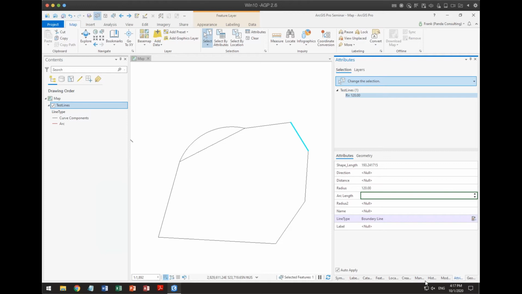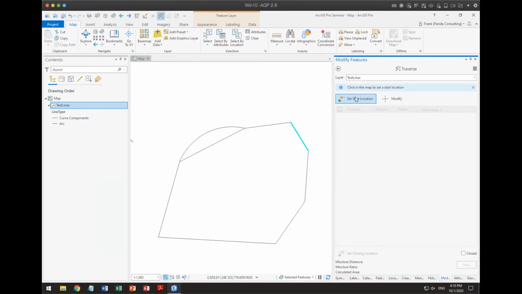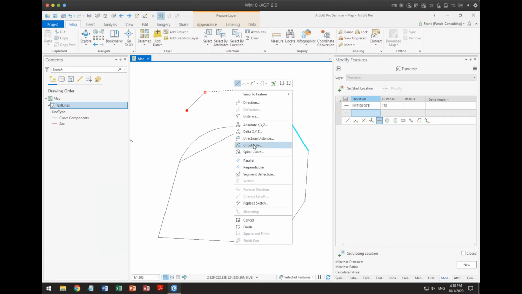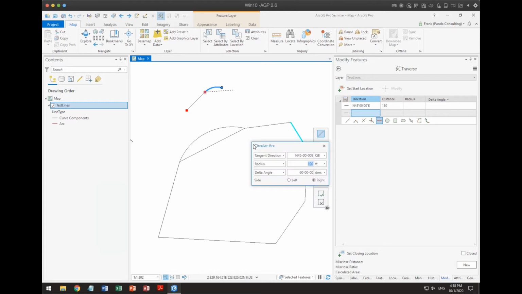My recommendation is, if you really are not sure what's happening here, you can go in here and let's put something in here. And then once you get to this point, once you're ready to put the curve in and you're not sure, go and bring up this element. Bring up the circular curve constraint on there.